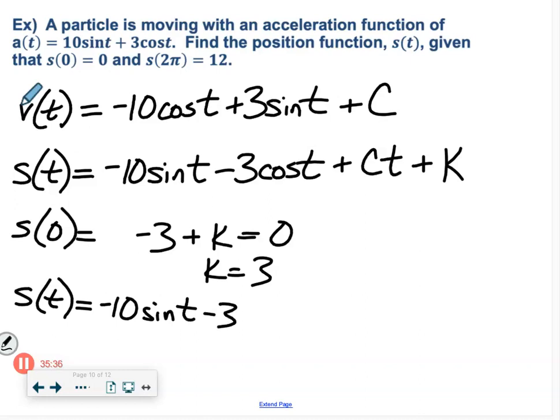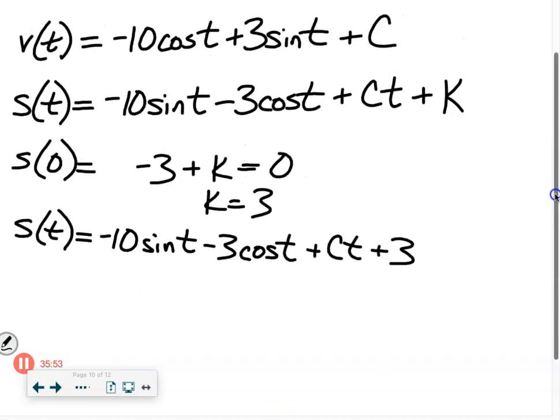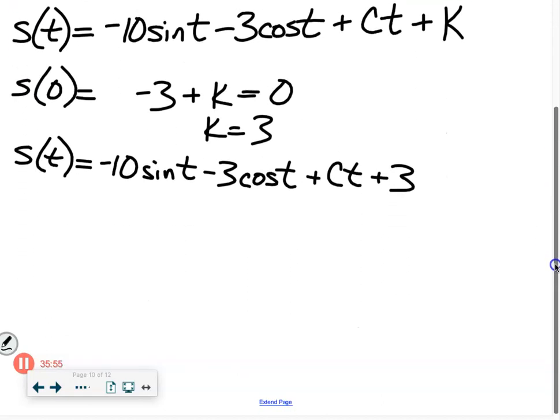Even though I have messy writing, I write each step. I always do. So I rewrite my s of t with my unknown constant put in. Then I plug in the other information for the other unknown constant. So the other information said that s of 2 pi equals 12.